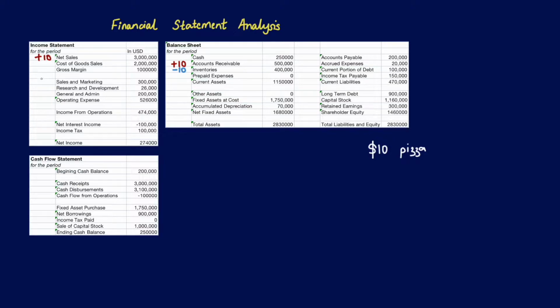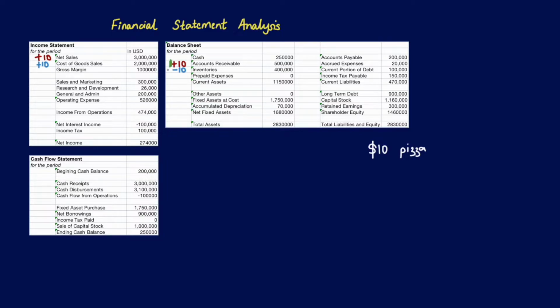Now, let's presume that the order's been given out, you've delivered it, and the customer's actually paid you the money back. So what happens in this instance is your accounts receivable has been moved up into cash receipts.